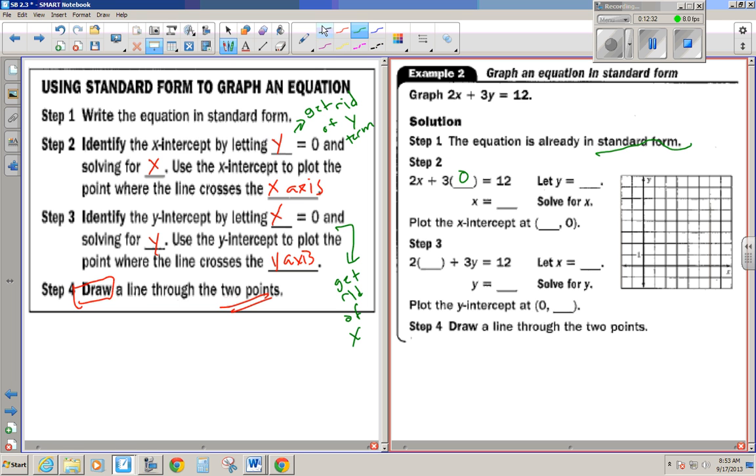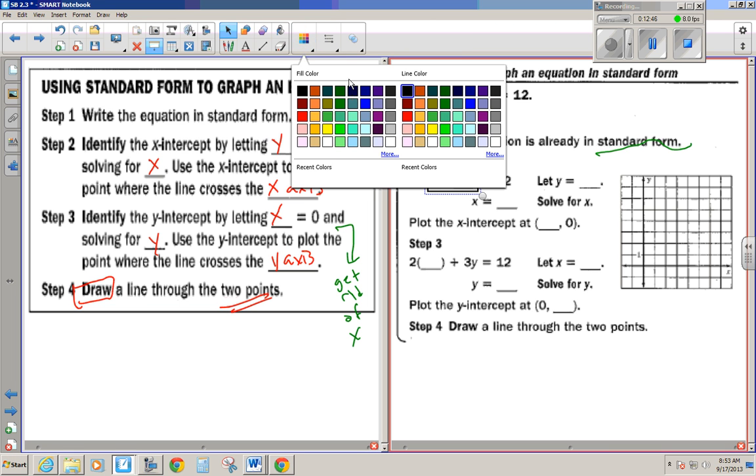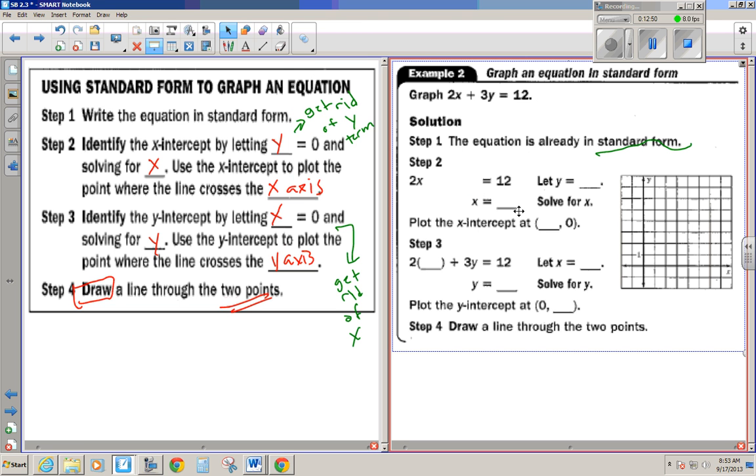Basically what happens is this whole term disappears, like that. And now 2x equals 12. Well, just looking at that, you should know the x-intercept is 6.